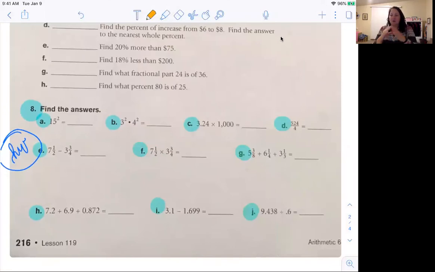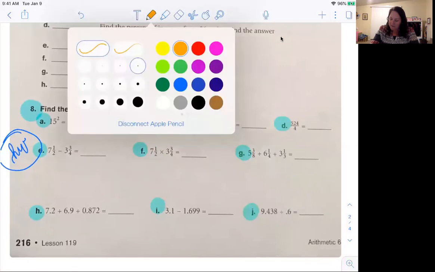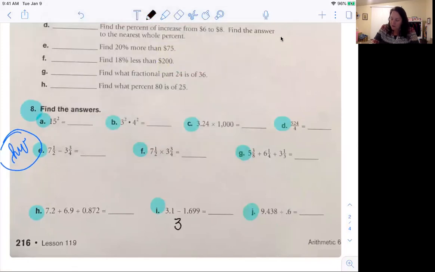And just like in the last problem where I had a horizontal problem, change it to a vertical and line up your decimals. Letter I, same thing, but with letter I, make sure you're doing 3.1 and you want to subtract 1.699. There's something you have to do first, and I'm not going to tell you what it is, but I know you know it, okay?